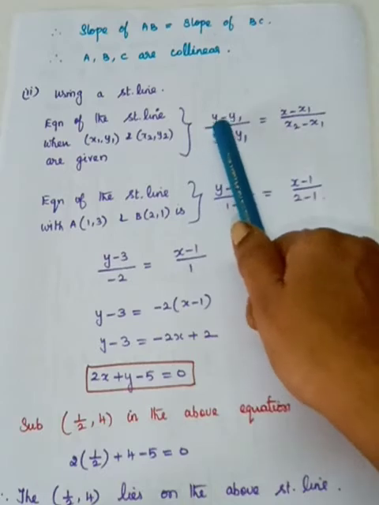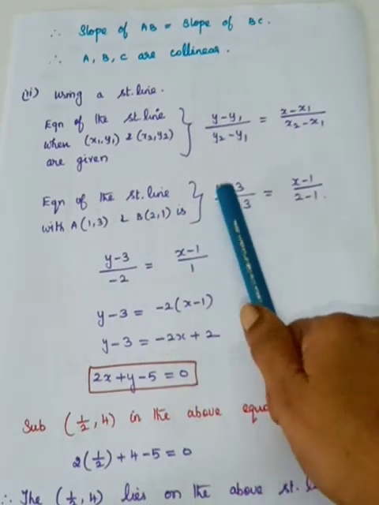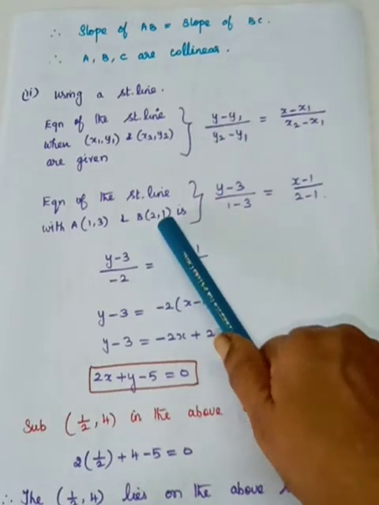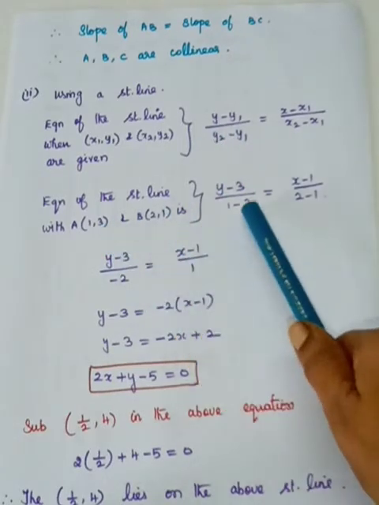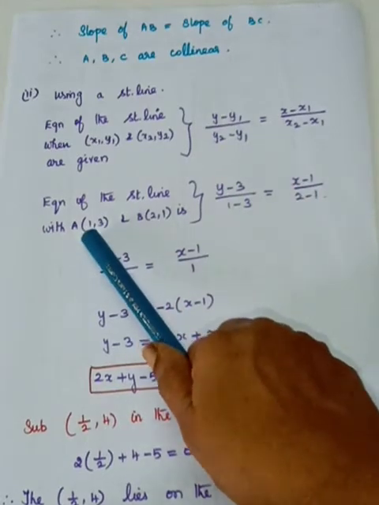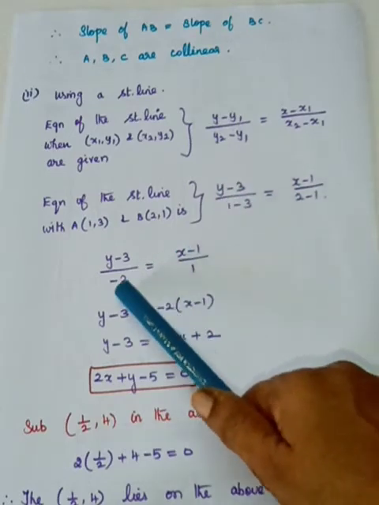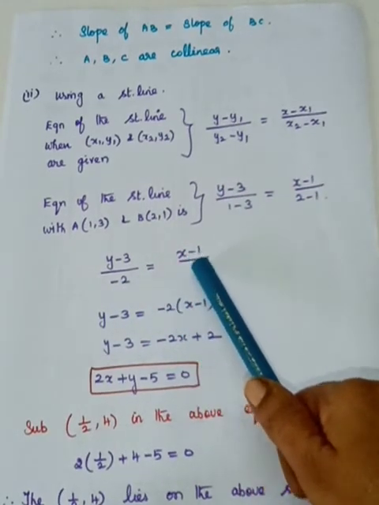Here y1 is 3, y2 is 1, x1 is 1, x2 is 2. So (y minus 3) by (1 minus 3) is equal to (x minus 1) by (2 minus 1). So (y minus 3) by minus 2 is equal to (x minus 1) by 1.